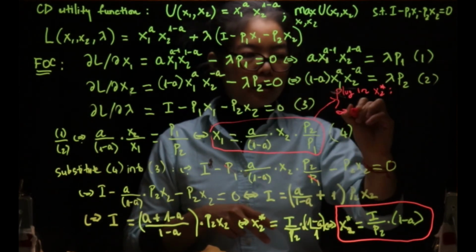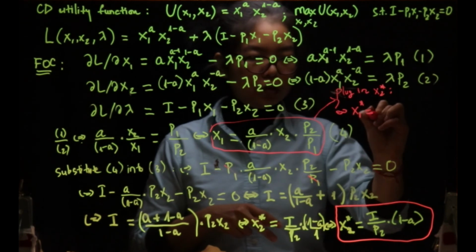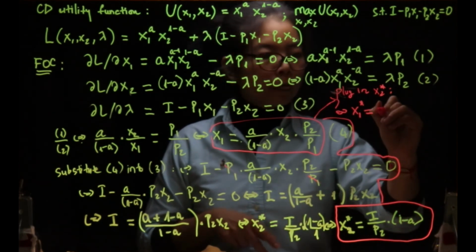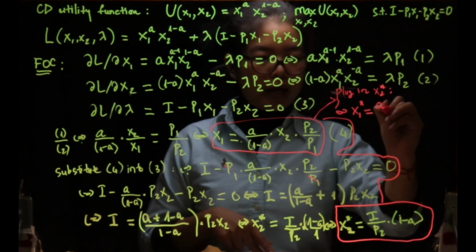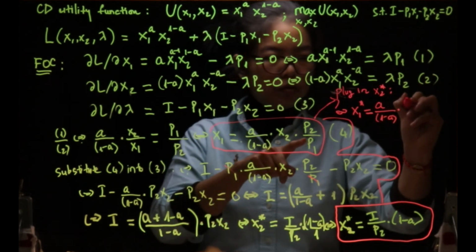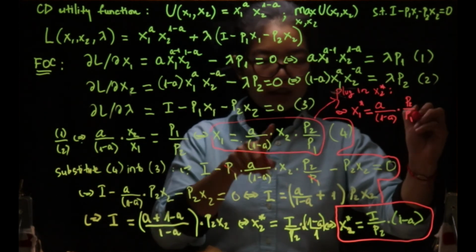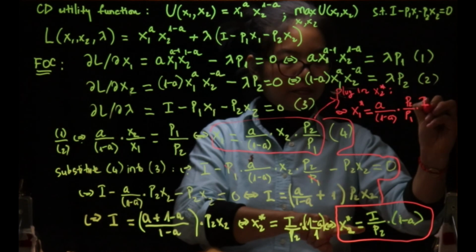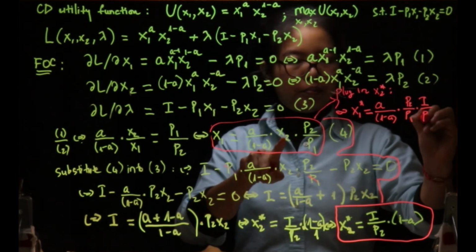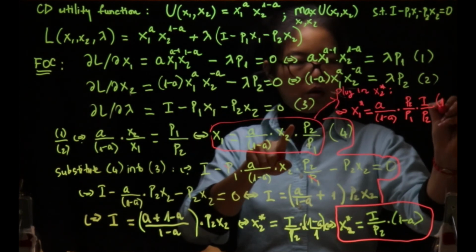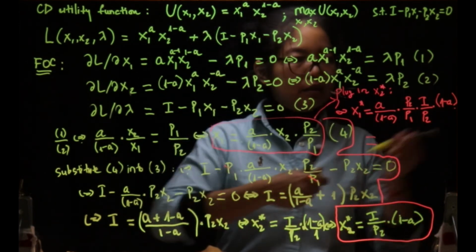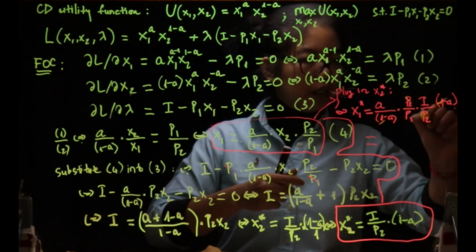We would have x1 star equals a over 1 minus a times p2 over p1, rewrite it, times x2 star, I over p2 times 1 minus a, and then simplify it. 1 minus a is gone. p2 is gone.